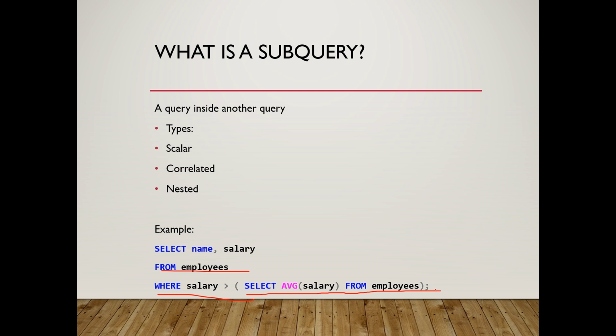So what happened here? In the inner query, select average salary calculates the average salary, and the outer query fetches all the employees who earn more than that value. Subqueries can make your query powerful and dynamic, and they are often used in real-world reporting.